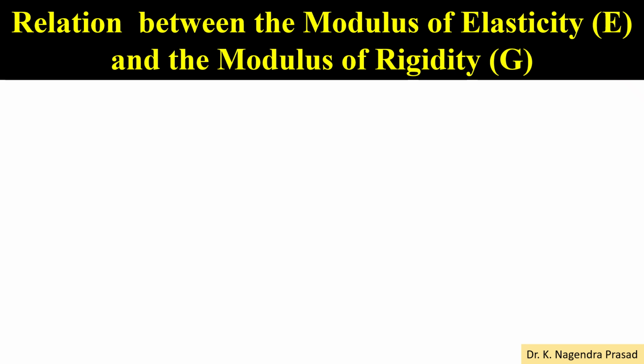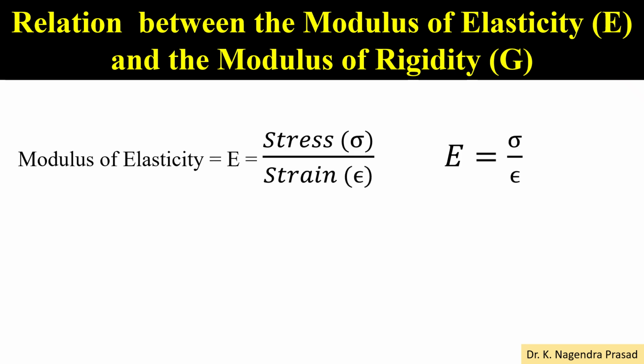In the present video, we will find the relation between the modulus of elasticity and the modulus of rigidity. Modulus of elasticity, that is capital E, is the ratio of stress, that is sigma, and the strain, that is epsilon.